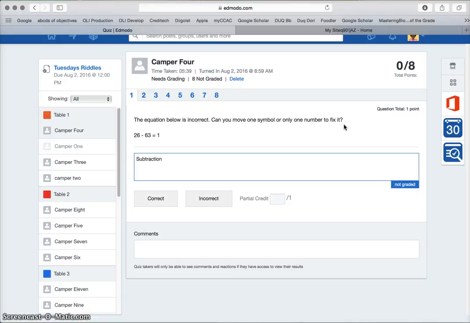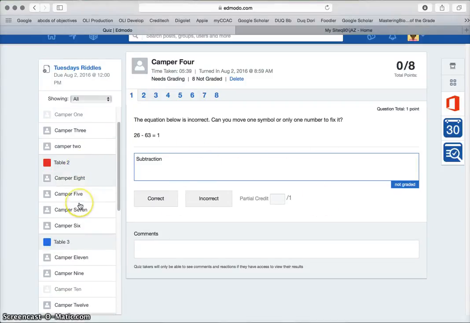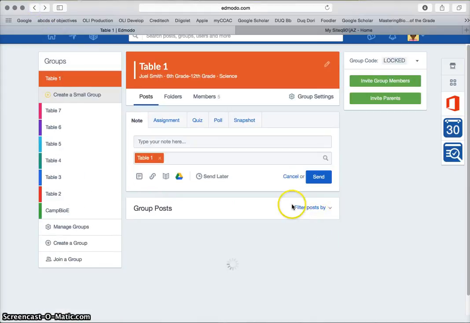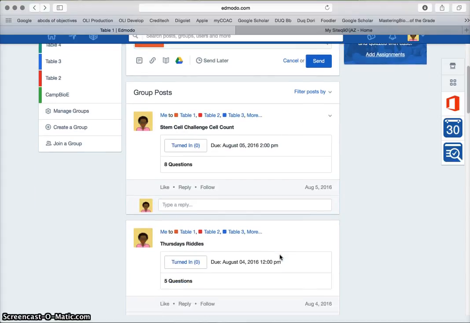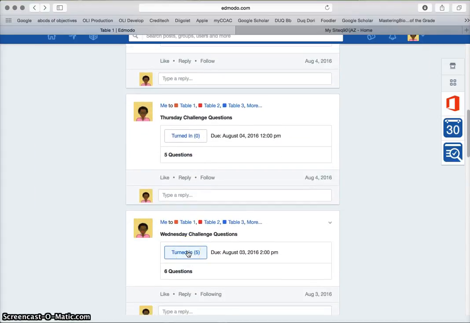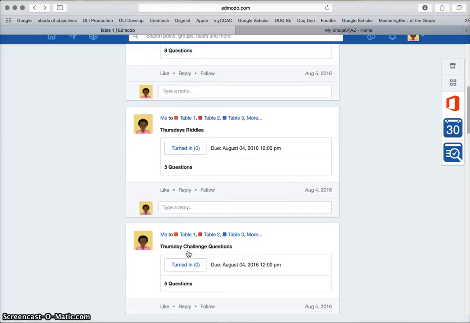Can you move one symbol or only one number to fix it? The students had to figure out how to change this equation in order to make it correct. As you can see here, we can grade this for each and every student. And when we are finished, as we saw on the previous page, it will give us an overall breakdown of the students in general as to how much they got right and how much they got wrong.